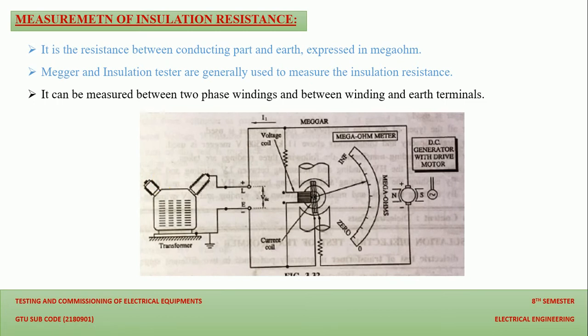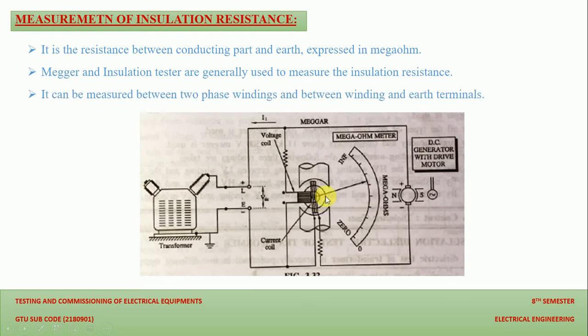And if we measure the insulation between the live wire and the earth, it will show the insulation resistance between the live wire and the earth. That will indicate whether any live part of the system is grounded or not, and that can be checked with the help of this setup.